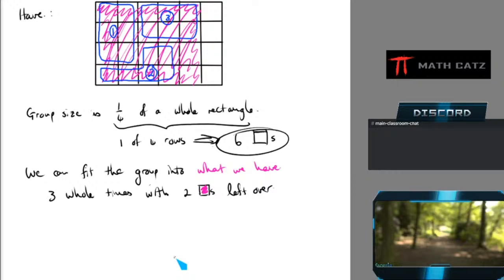Same for subtraction. I start with portions of a rectangle. I have a removal instruction, but I end up with portions of a rectangle. So my answer and my original fractions are in reference to the same kind of thing.